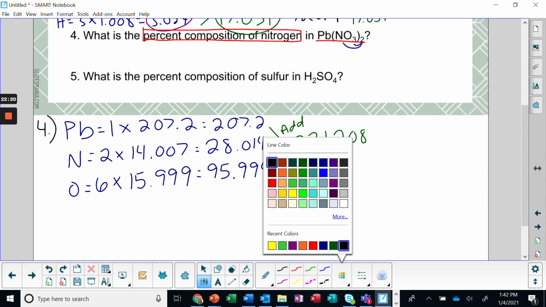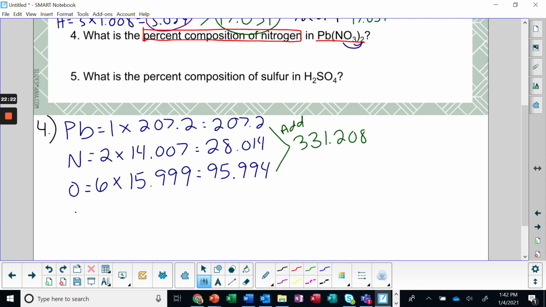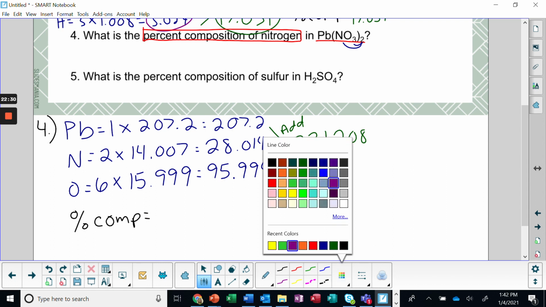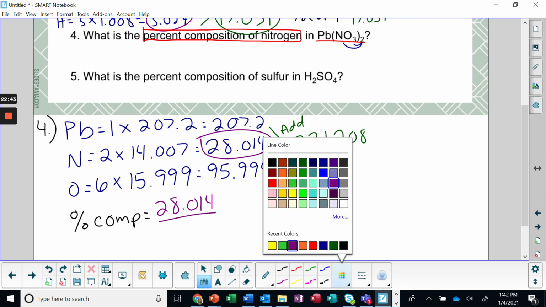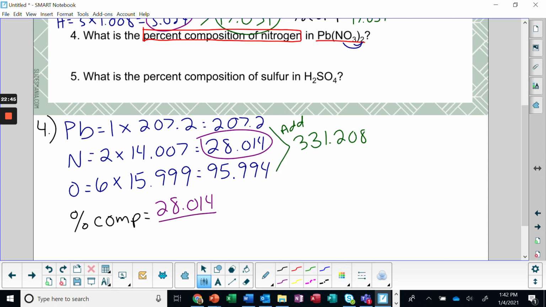Plug everything into my equation. Percent comp is equal to what the mass of the element they're asking about, which is nitrogen. So this one. Divided by the mass of the whole compound.